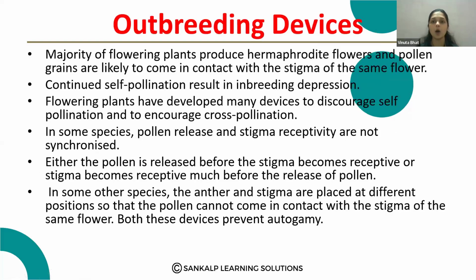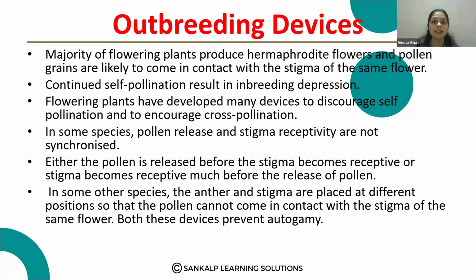Then outbreeding devices. So what are outbreeding devices? Here, the majority of flowers are hermaphrodite, meaning the male and female reproductive structures are present in the same flower. If they continue self pollination, there is some inbreeding depression.